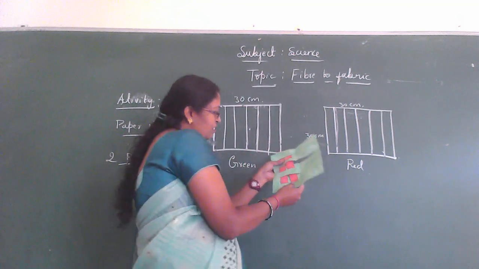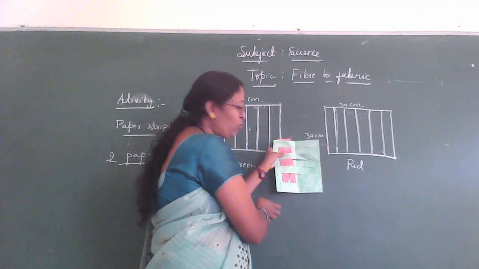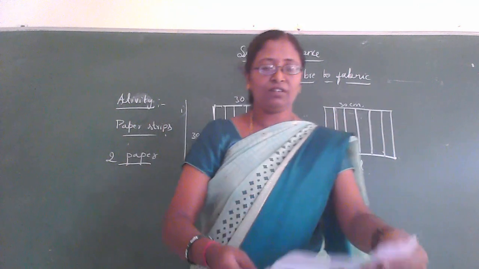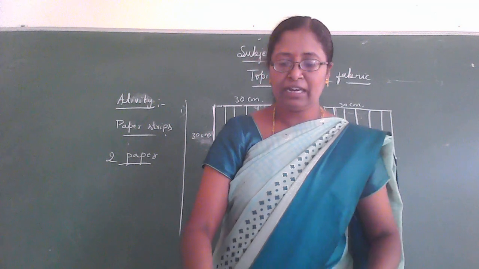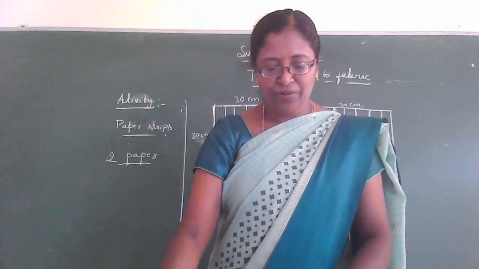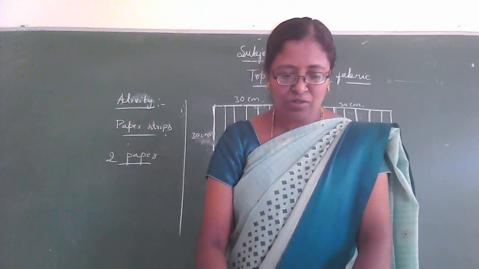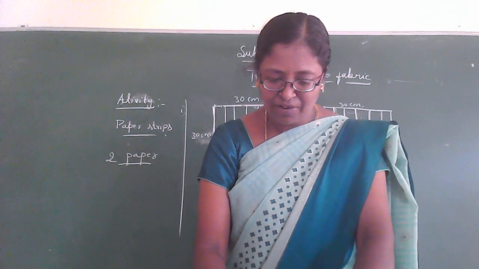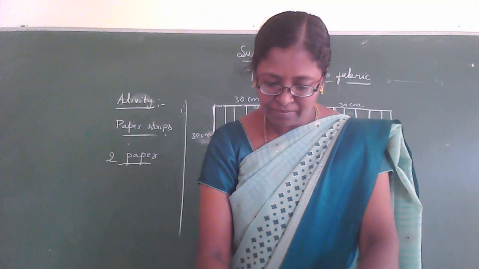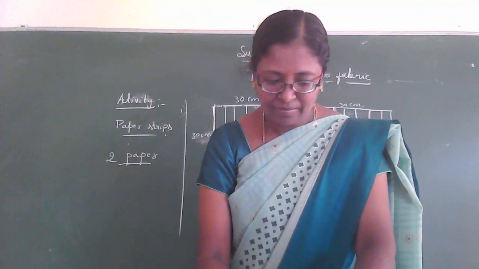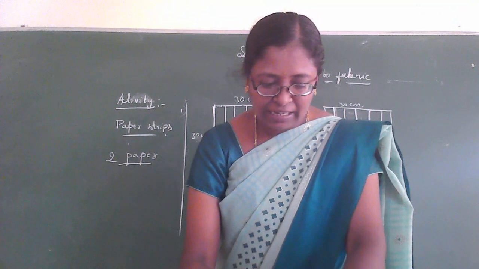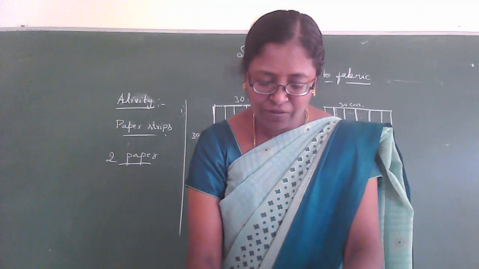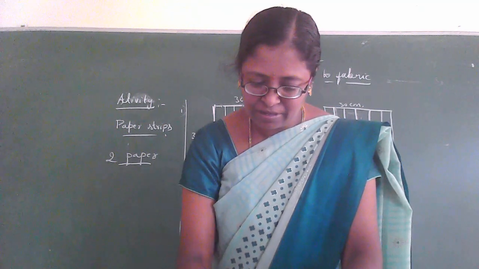It's very difficult to do by holding like this. It's very easy if you keep this paper on the table and weave the strips one by one through the cuts in the sheet of the other paper.